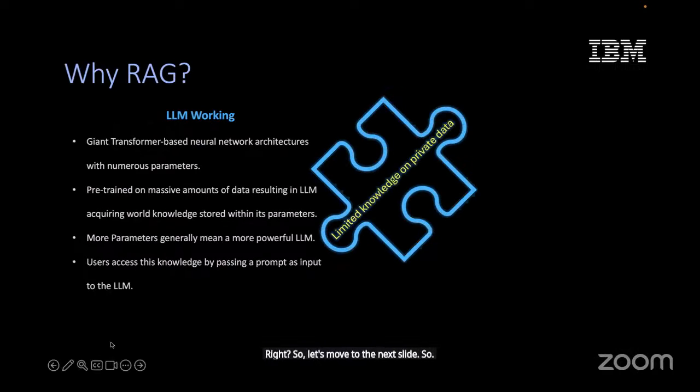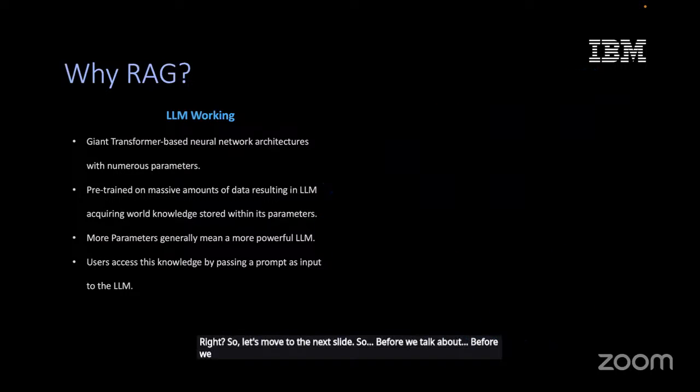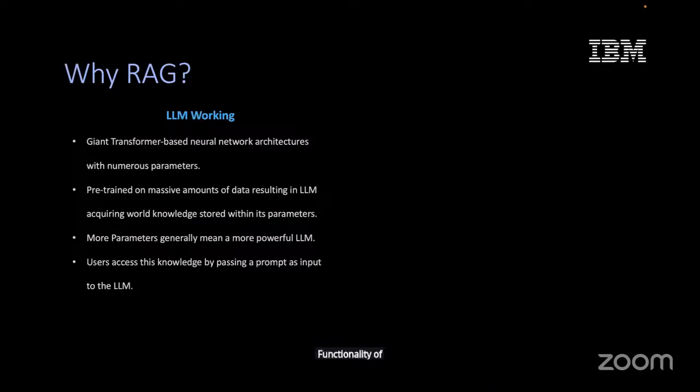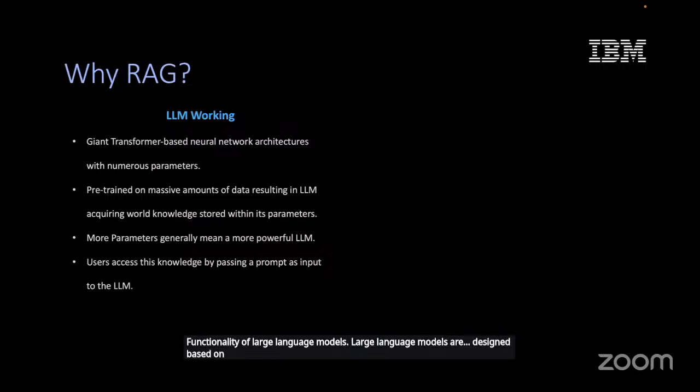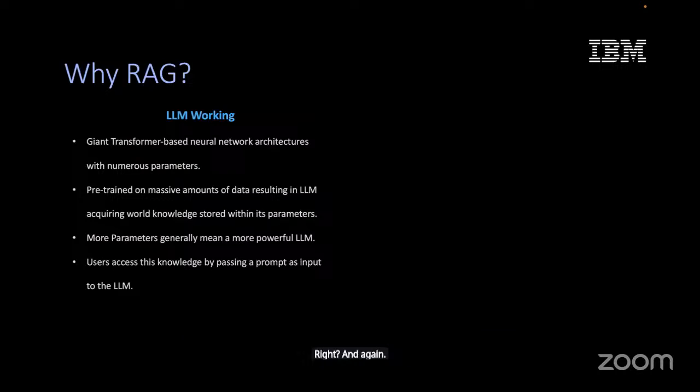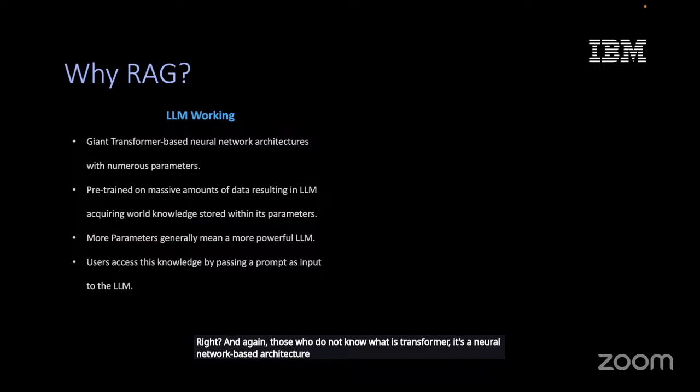So before we talk about RAG, we need to understand the functionality of large language models. Large language models are designed based on transformer architecture, right? And again, for those who do not know what a transformer is, it's a neural network based architecture that works on encoder and decoder functionality.